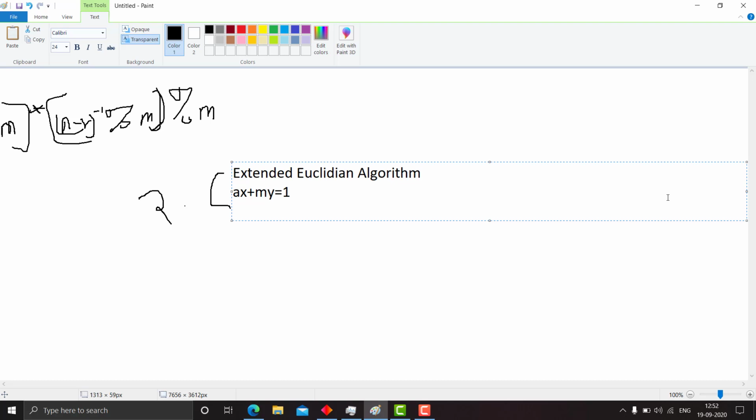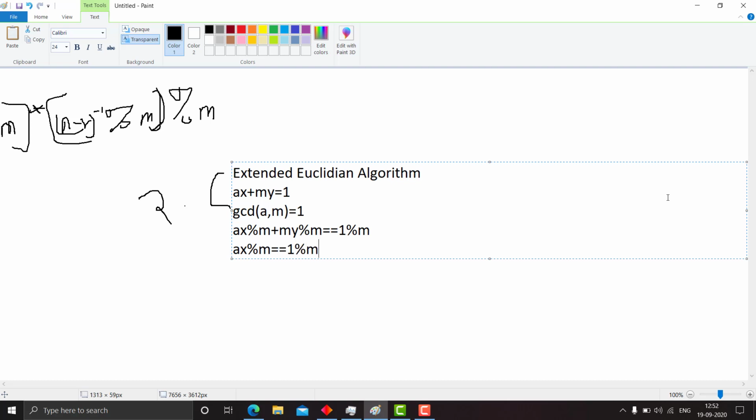Now we know that GCD of a, m is equal to 1 because this is the condition for the modular inverse to exist. So we take mod m on both sides, so it becomes ax mod m plus my mod m is equal to 1 mod m. My mod m is basically 0, so it becomes ax mod m is equal to 1 mod m. So we just need to find the value of x using the extended Euclidean algorithm, which is very easy.